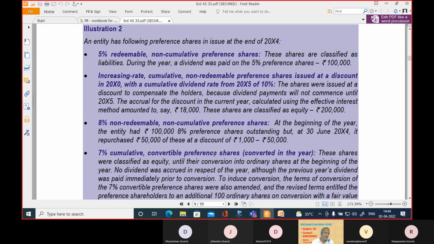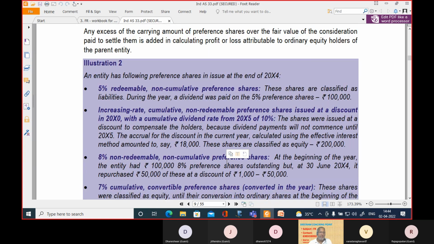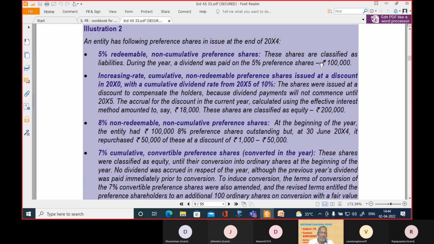Non-cumulative preference shares: there is no liability associated with that, so it is regarding preference dividend. They have also mentioned that a dividend was paid. That means the figure of profit after taxation of ₹1,50,000 shall be considered after deducting ₹1 lakh.